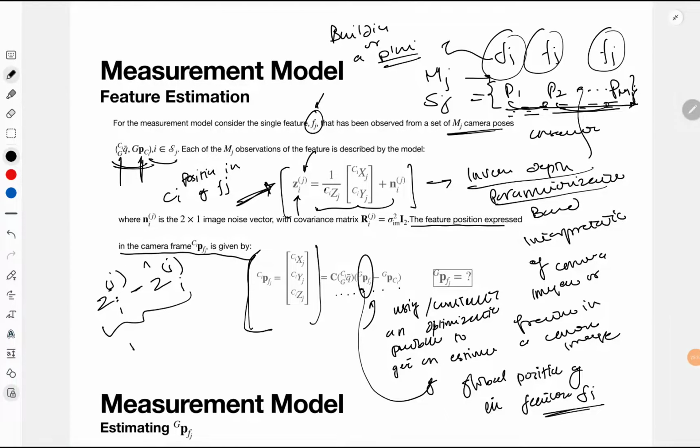So this would then become your residual, which would be the difference between the actual measurement and the predicted position of the feature J in camera frame I.